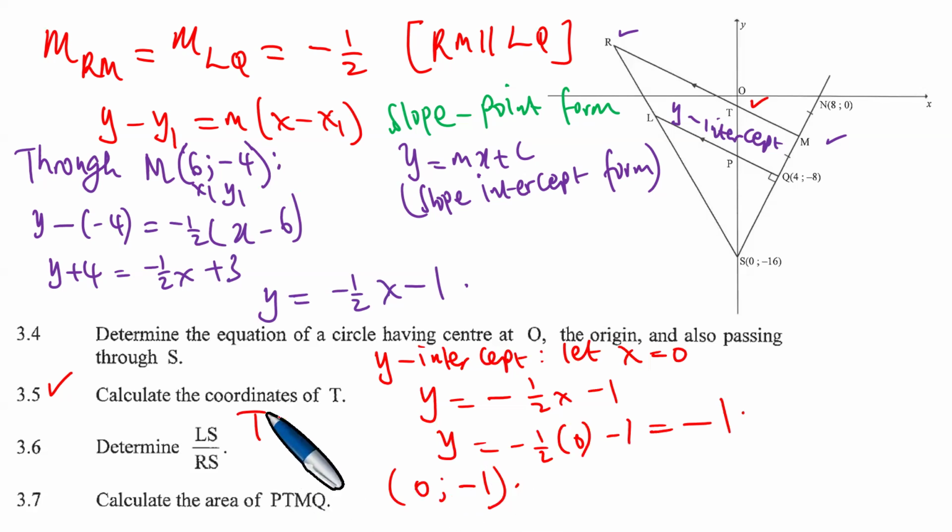So the coordinates of T are 0 and minus 1. Those are the coordinates of T.